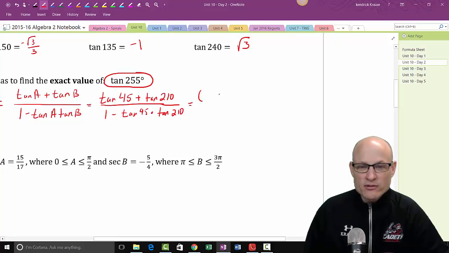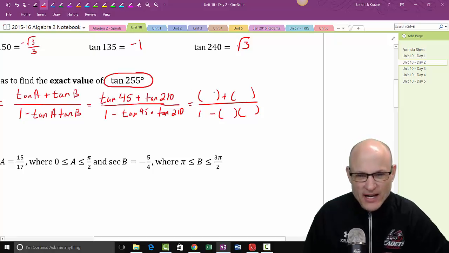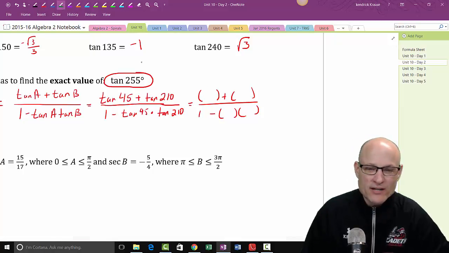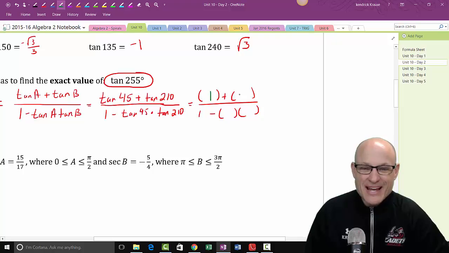So this is plus all over 1 minus. All right, tangent of 45. I know the tangent of 45 is 1. Tangent of 210, reference angle of 30 degrees in the 3rd quadrant, radical 3 over 3.